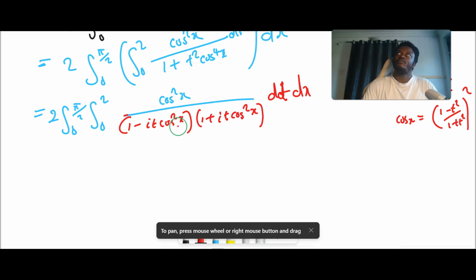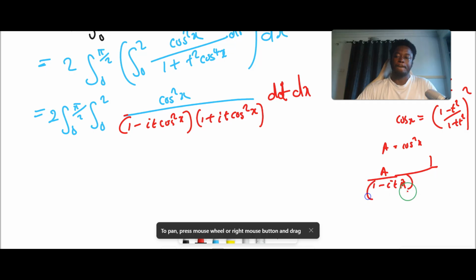Then if you use partial fractions, I already have done partial fractions for this, but you can just take a to be cosine squared x. Then I did partial fractions for a over 1 minus ita, divided by 1 plus ita.